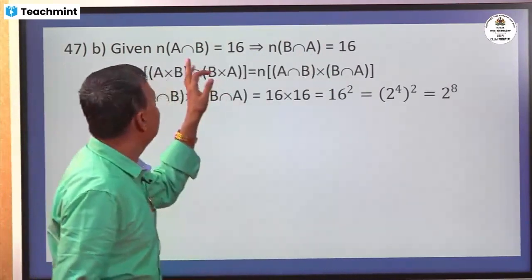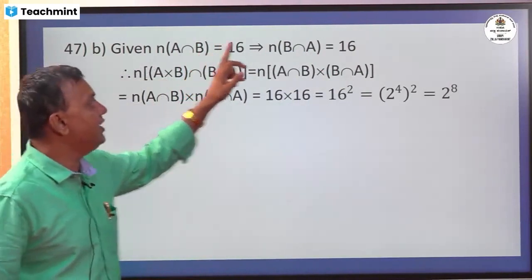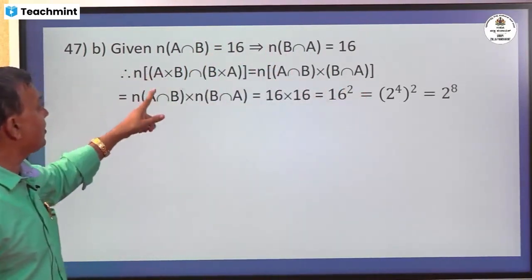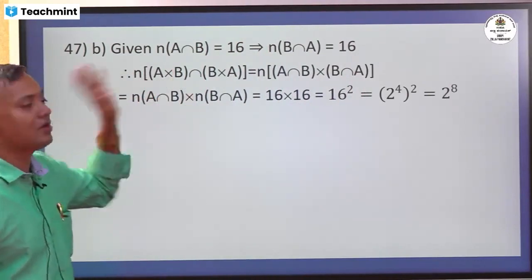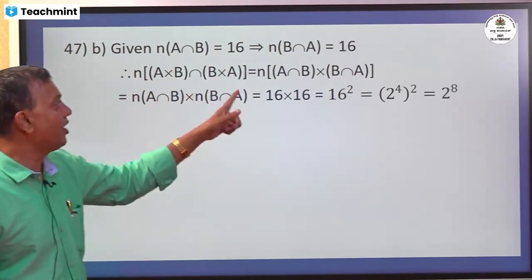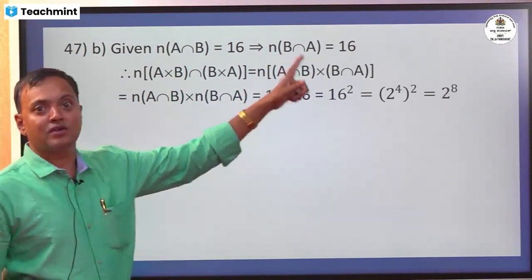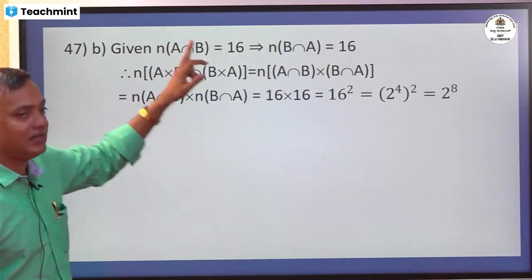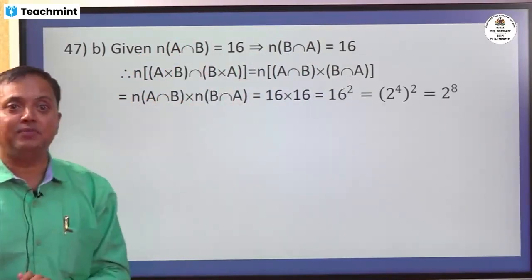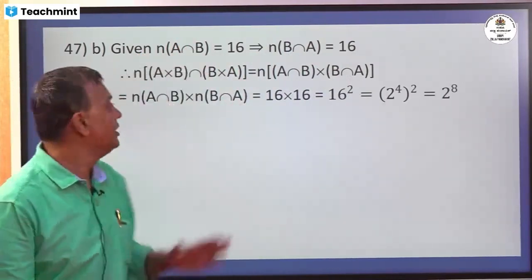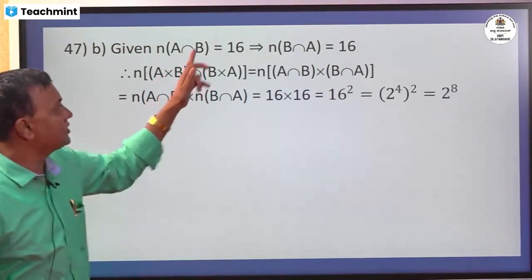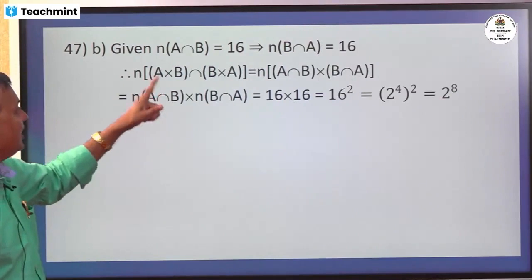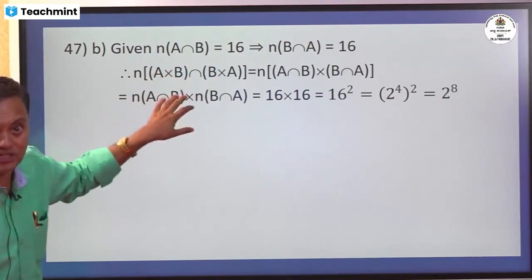So here A intersection B is 16, B intersection A is 16 elements. Then n of A cross B intersection B cross A, we want this. They have said A and B have 16 elements common.